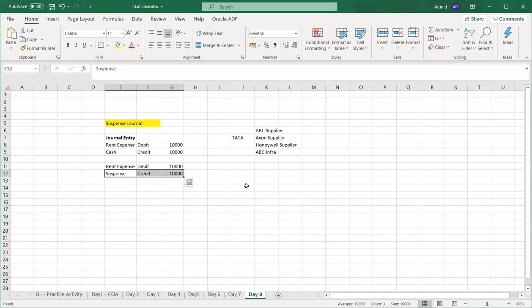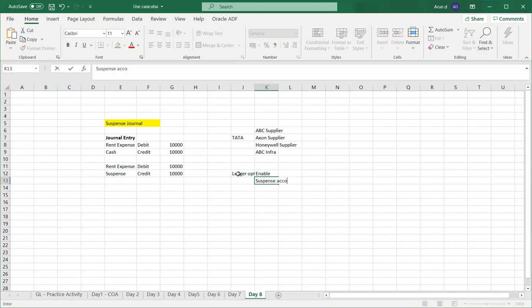But since I have enabled the suspense account, I have two setups to this.